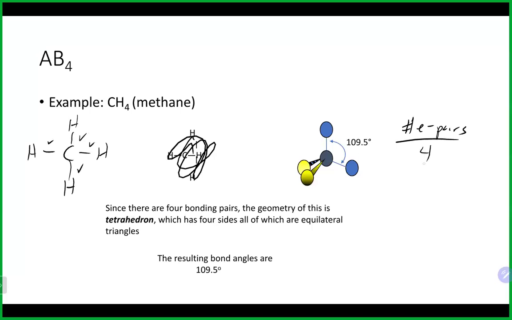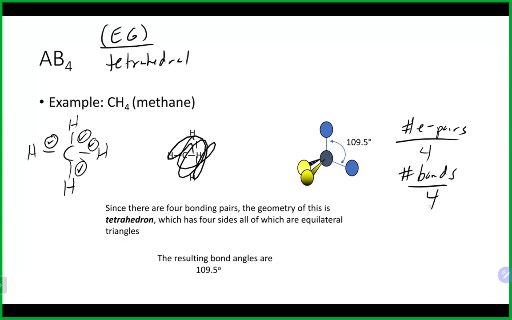Something with 4 electron pairs, the electron geometry name is tetrahedral. And in terms of bonds, it has 1, 2, 3, and 4. So number of bonds is going to be 4. The molecular geometry name is also going to be tetrahedral, or tetrahedron if you find an old book going around there.